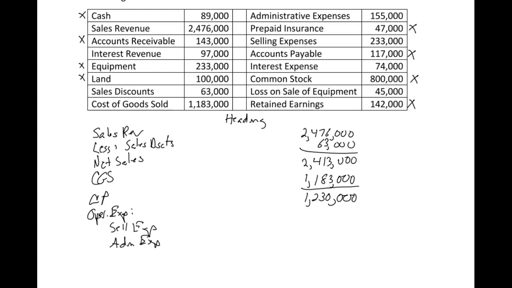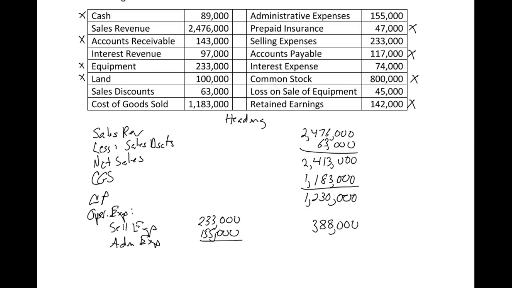A lot of companies will call them SG&A, selling, general, and administrative expenses, and that pretty much includes all the expenses of the company, from salaries and wages to utilities to depreciation to insurance on buildings, anything like that. Selling expenses were 233,000, and administrative expenses were 155. So the total of that is 388.